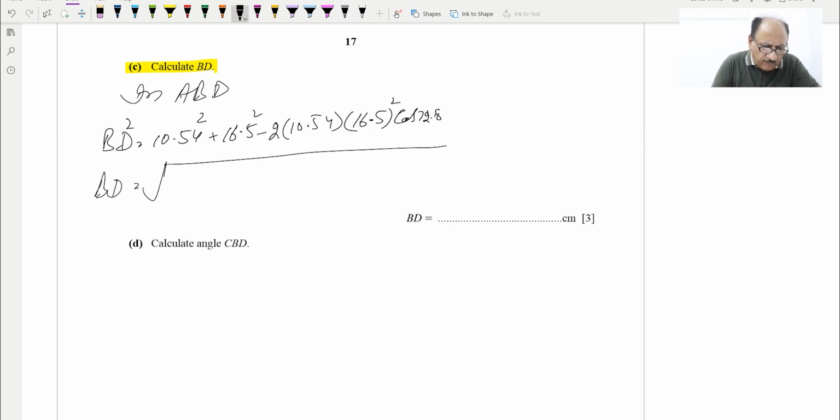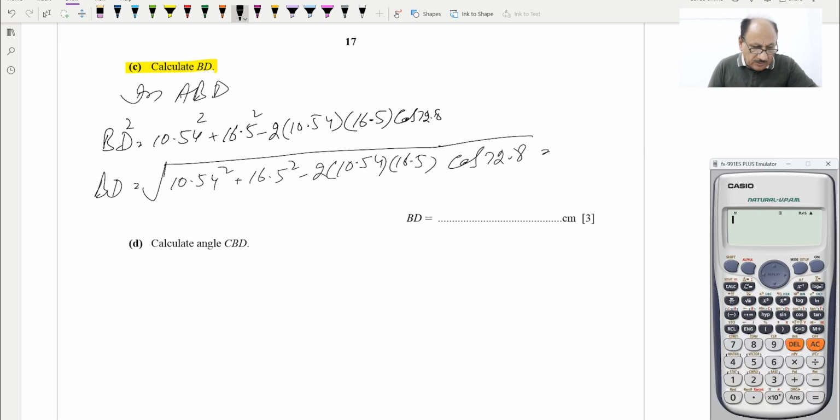BD is equal to the square root of 10.54 square plus 16.5 square minus 2 into 10.54 into 16.5, and cos of 72.8. This is what we will put in the calculator.